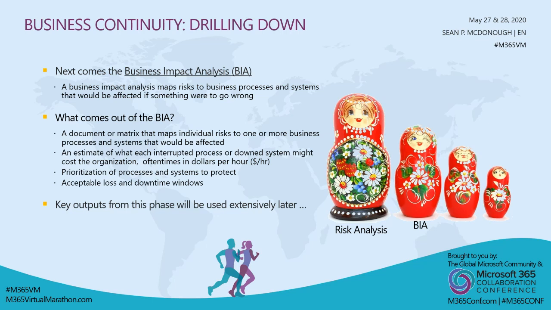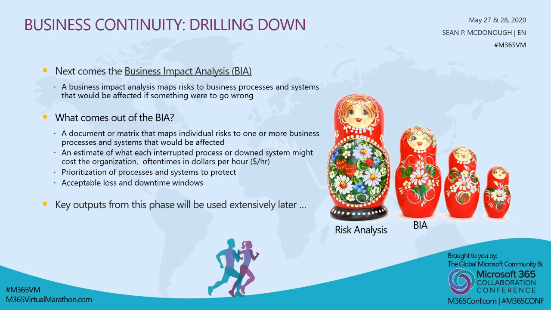We're trying to get to something like that. We're prioritizing processes and systems to protect, and we're determining at this stage what our acceptable loss and downtime windows are, because when we start talking money, things get very real for many people. And if you're talking money, you need to talk about loss and downtime, as well as what you can do to avert them, minimize them, etc.